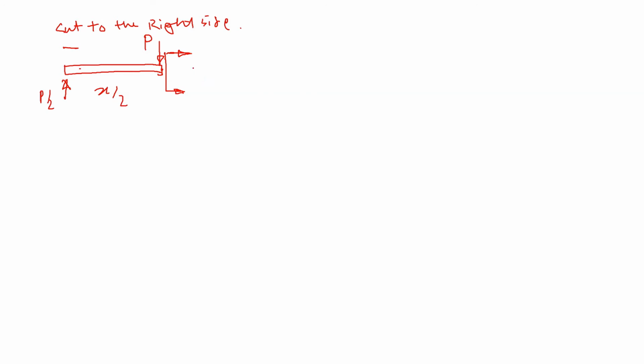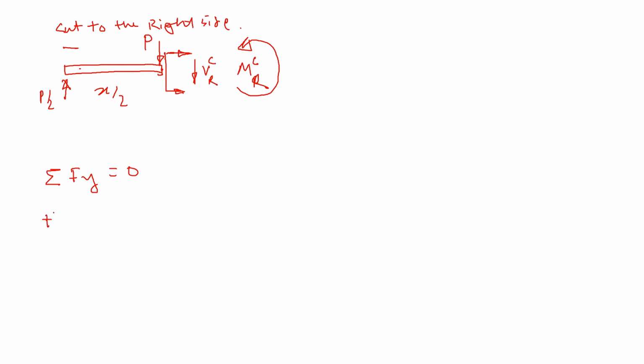To balance this force we need to apply V downwards to the right side of C, and then a counterclockwise moment at C, like this to be consistent. So that balances that. Now the summation of Fy will give you the V_CR value.